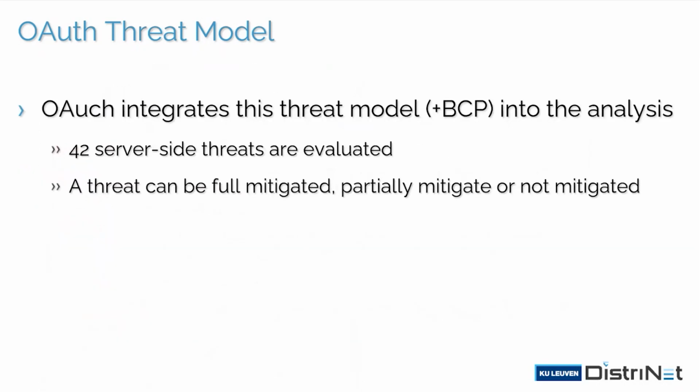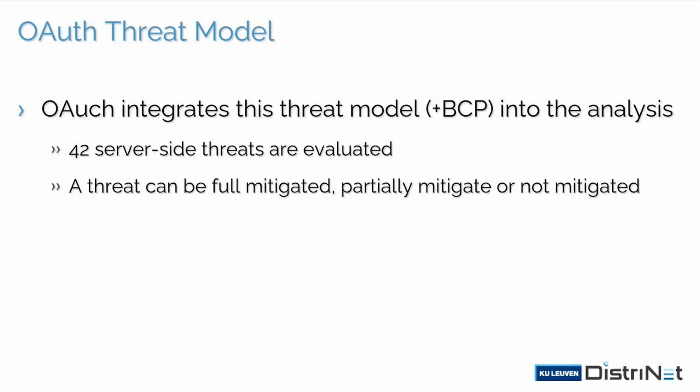So we integrated this threat model. We look for 42 authorization server-side threats. These are threats from the threat model, but this threat model was written in 2013, so it's kind of out of date. So we also included the threats from the best current practices, a document that's kept up to date with the latest information about OAuth security.